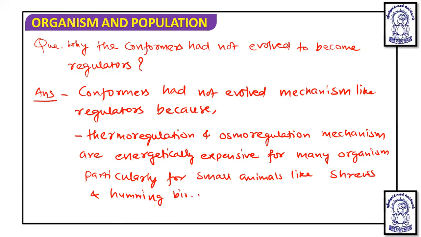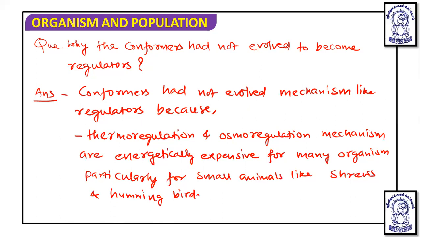So for such organisms, small animals like shrews and hummingbirds, these are particularly energetically expensive mechanisms. And we know that heat loss or heat gain is a function of surface area.